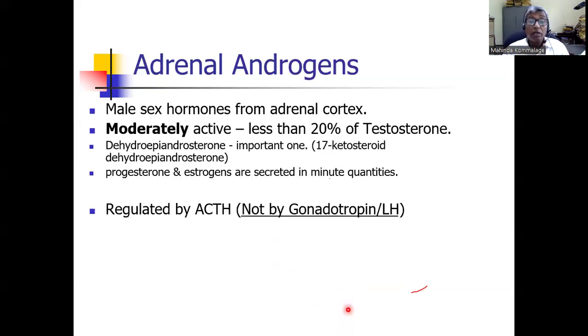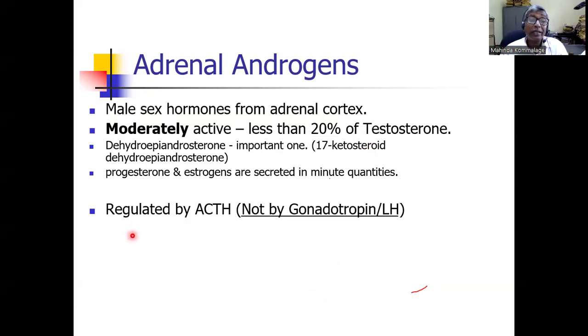So adrenal androgen is a male sex hormone from the adrenal cortex, but only moderately active, less than 20%, because we get testosterone, the main androgen, from the testis. So it's not that important.